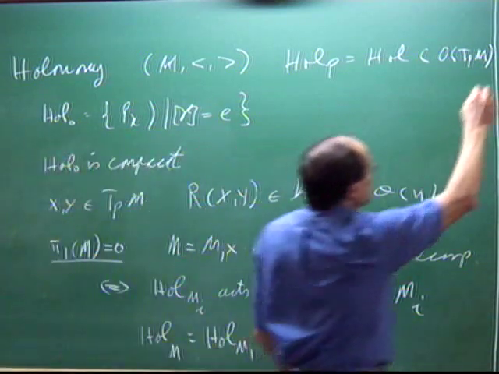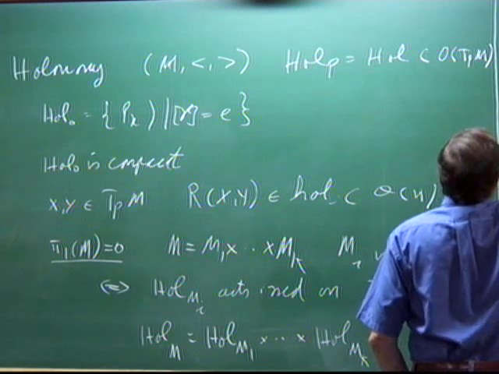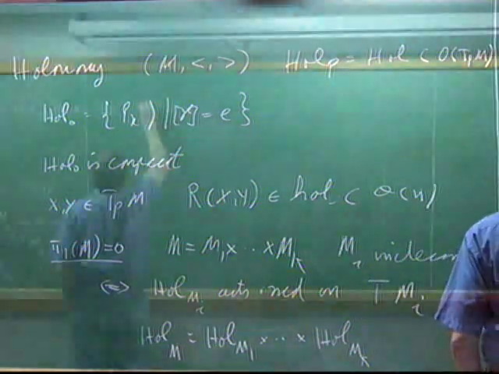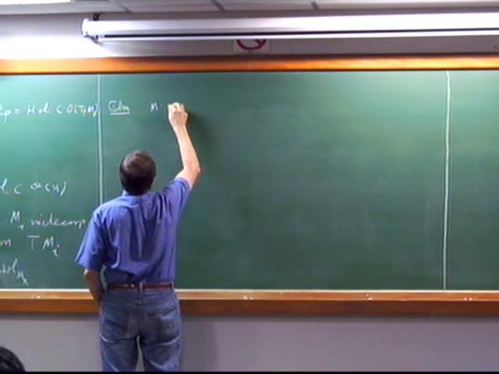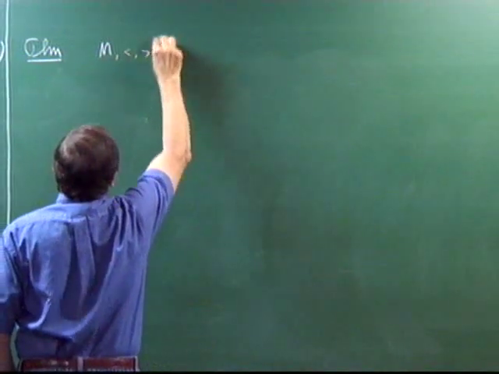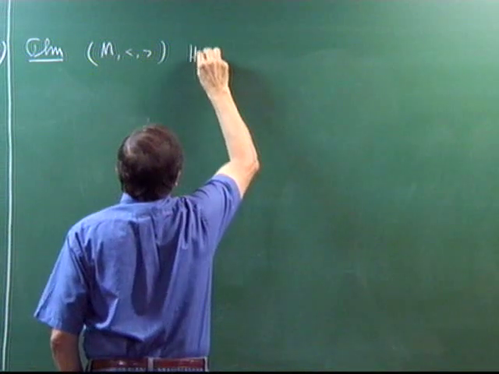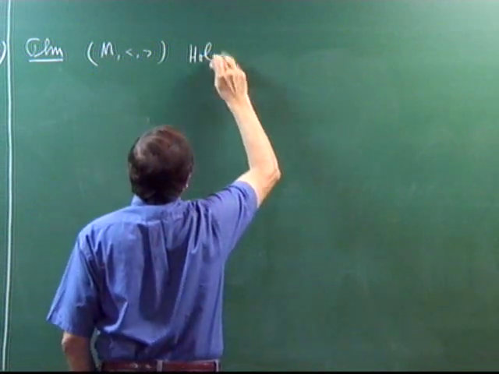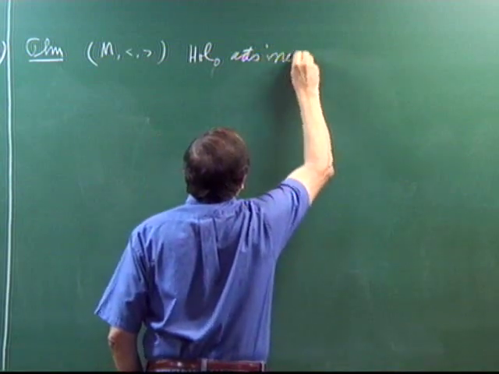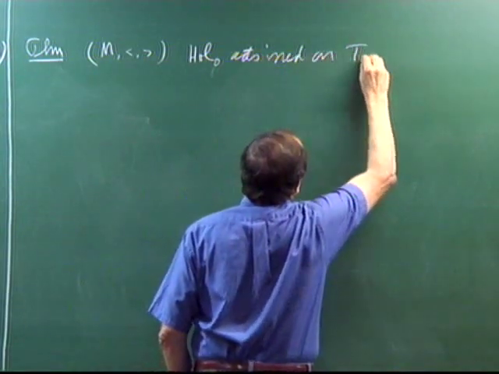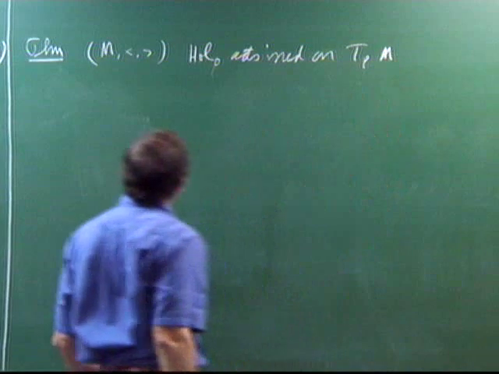Right. And then we had a theorem which said that, let's say M is a Riemannian manifold, and Hol_0 acts irreducibly on T_pM. Let's reformulate like that.